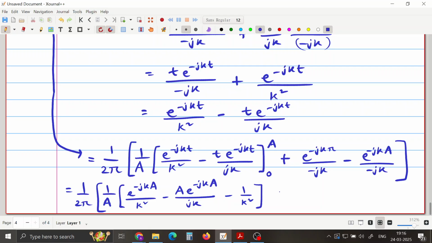Fine. And here I have two minus terms which will become plus, so I'm bringing that in front. e power minus jk capital A divided by jk, and this term I'm keeping on the rightmost end, so this is e power minus jk pi divided by jk.